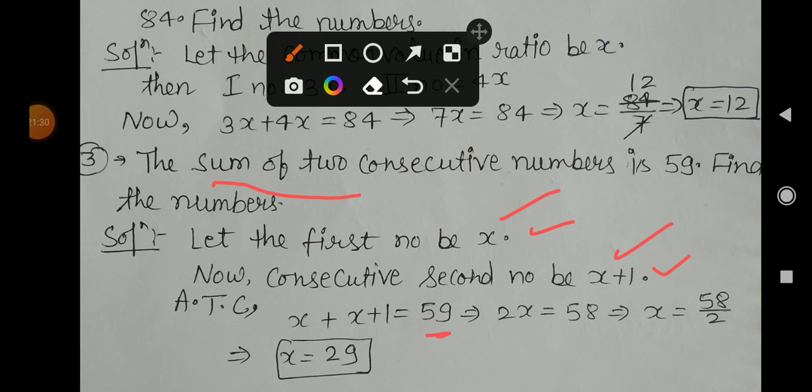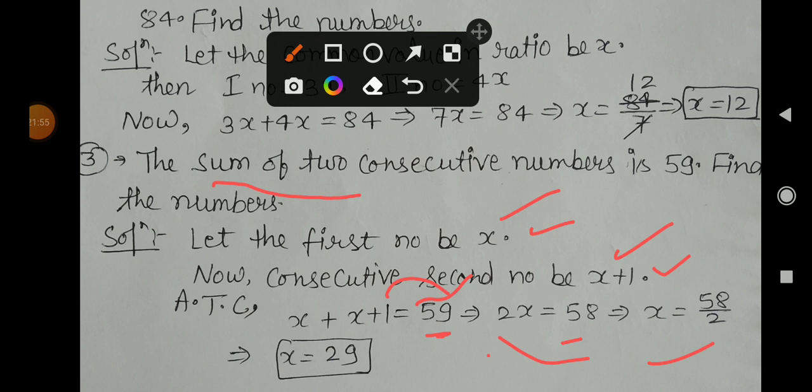So you put x plus x plus 1 is equal to 59, and then the 1 goes to the other side. Now this becomes 2x is equal to 59 minus 1, that is 58. Then the 2 goes to the opposite side of the equal sign, so x is 58 upon 2.